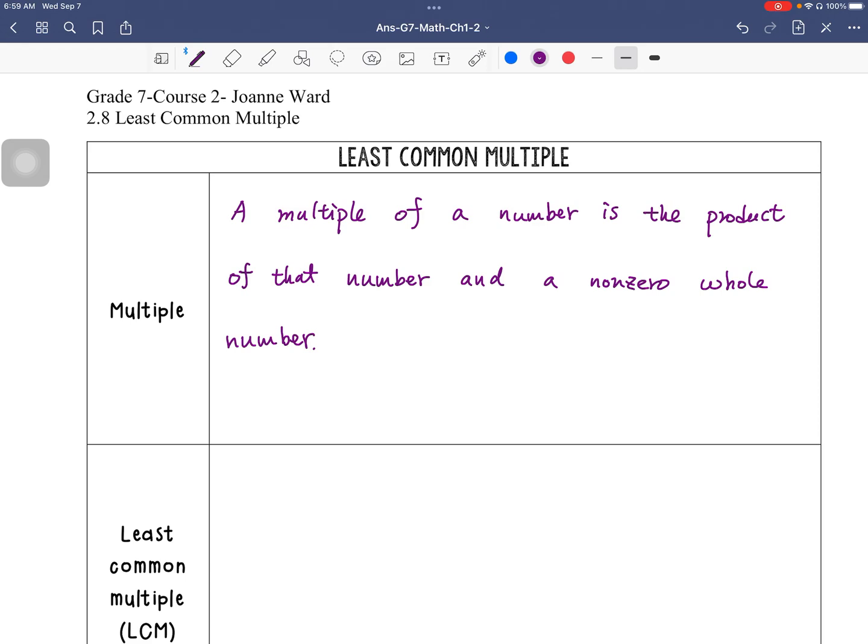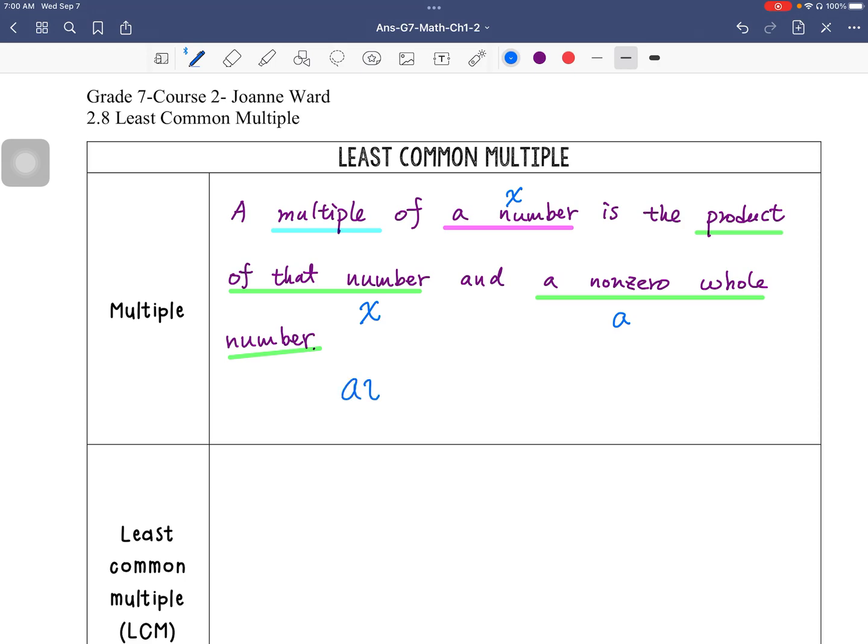The product of that number is, let's just say a.